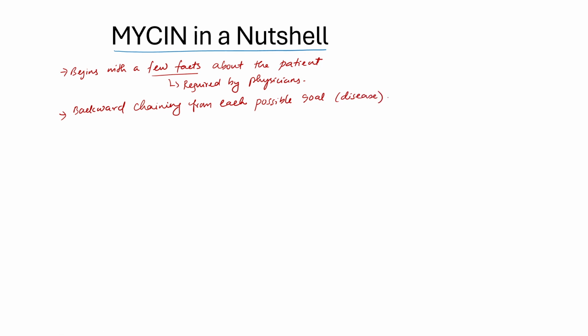So, backward chaining was used in this case. Then preconditions either match facts or set up new subgoals.